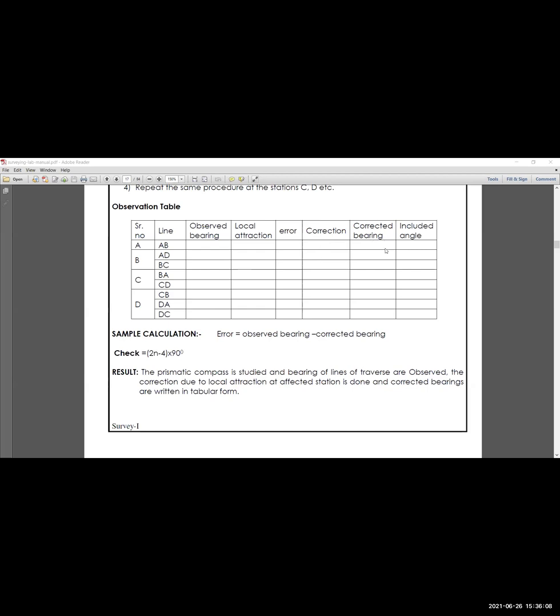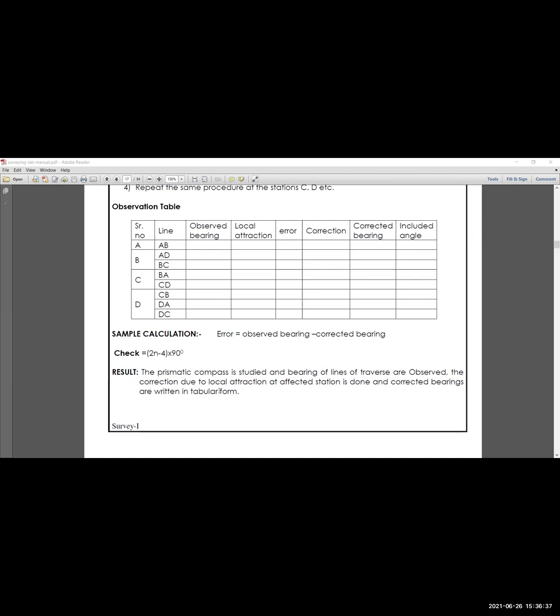Then the corrected bearing, then the included angle. Sample calculation: error equals observed bearing minus corrected bearing. Check the corrected value by the formula 2n minus 4 into 90 degrees, where n is the number of sides of the polygon.